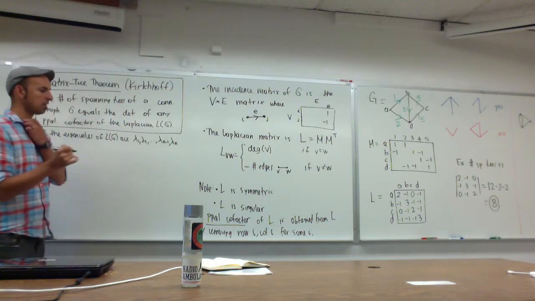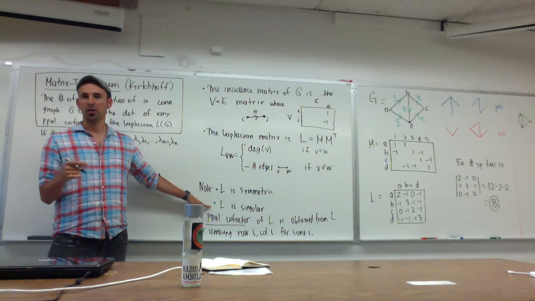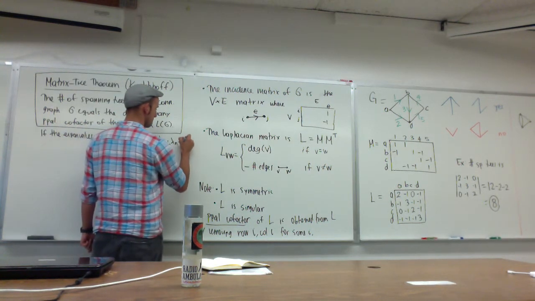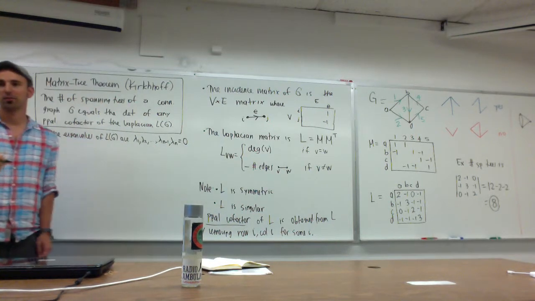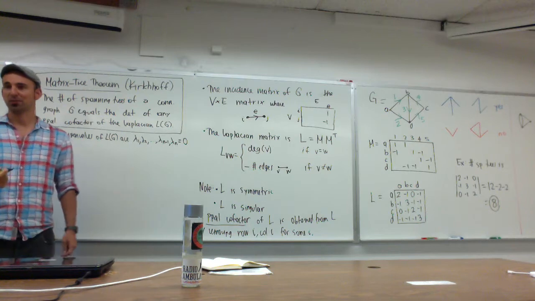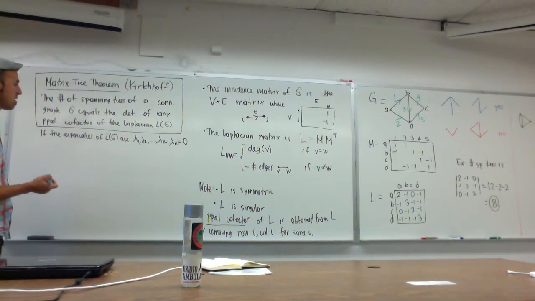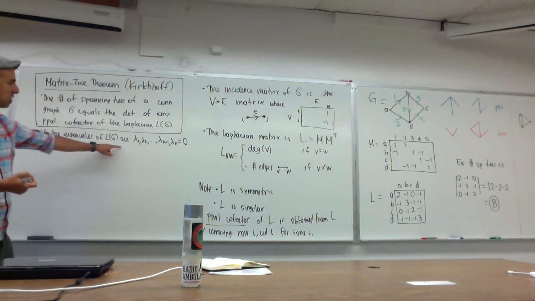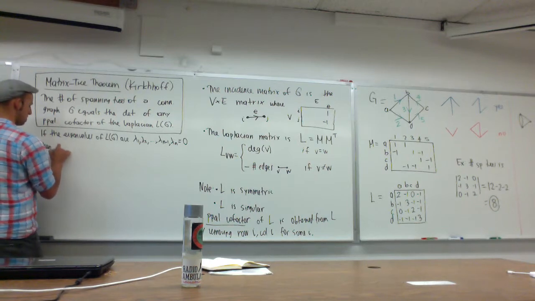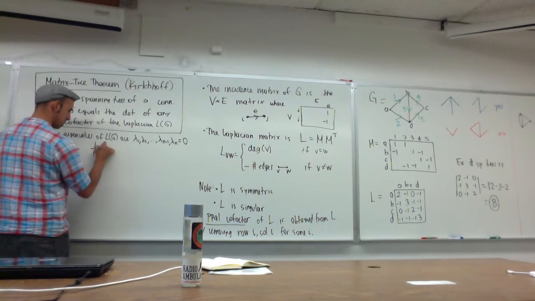But I want to remark that because this matrix is singular, at least one of the eigenvalues has to be 0. One reason is that the determinant is the product of the eigenvalues. So if it's singular, the determinant is 0, so one of the eigenvalues must be 0. So if the eigenvalues are these ones, then this number is 1 over n times the product of the other ones.